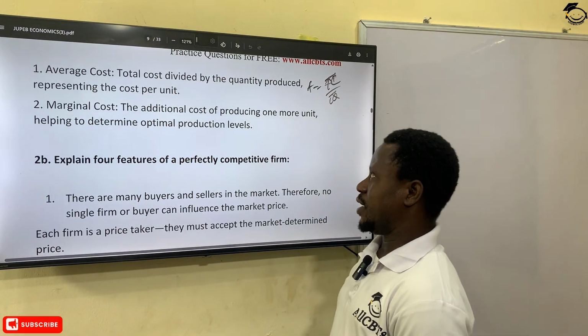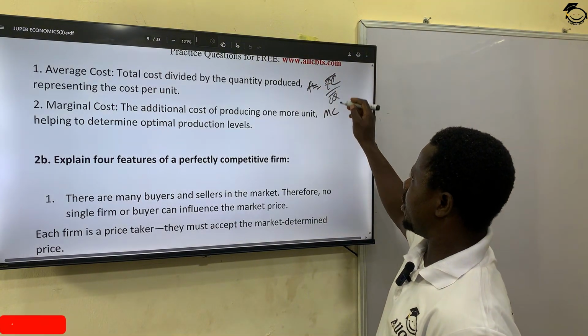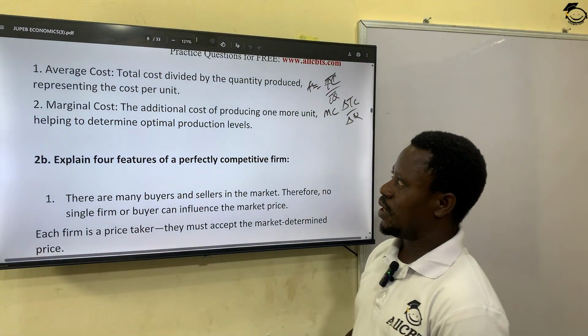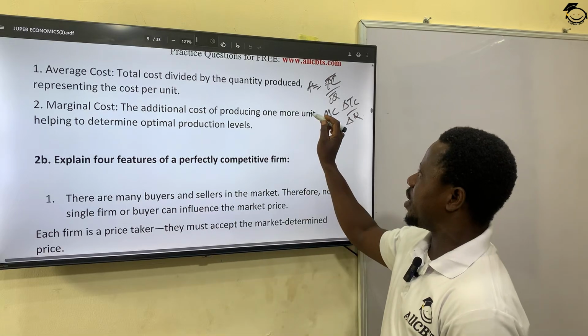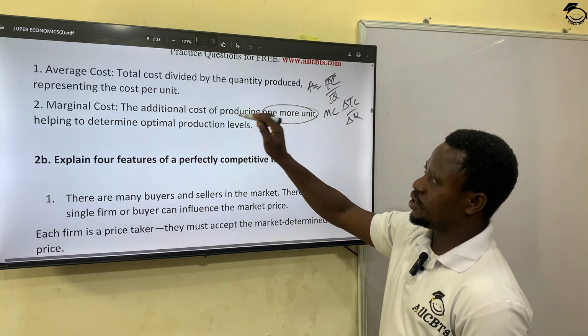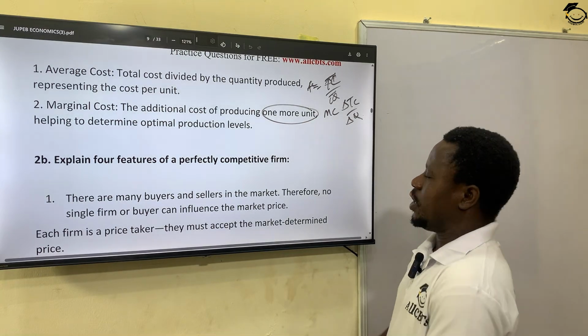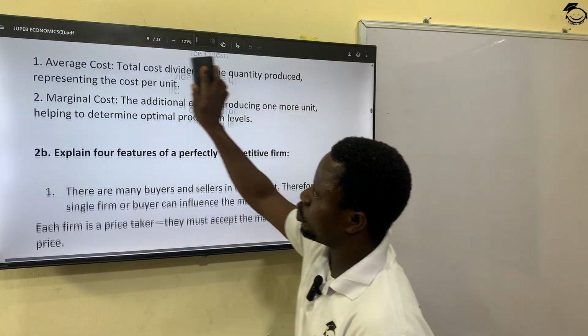Then for marginal cost, that's MC, change in total cost over change in what? The quantity. All right? That is the additional cost that is incurred for one more extra unit being produced. That is your marginal cost. All right? That is for 2A.